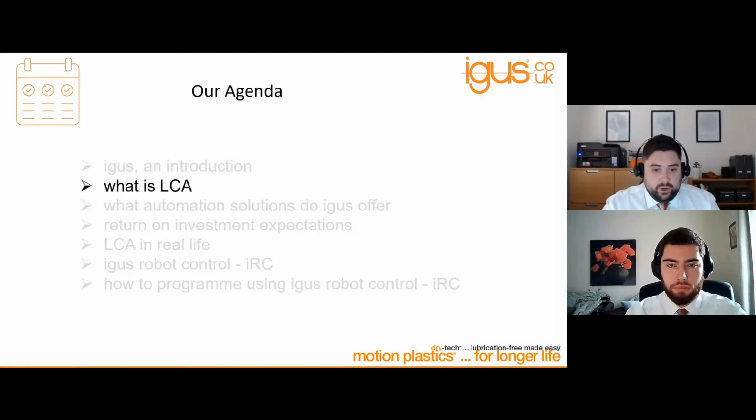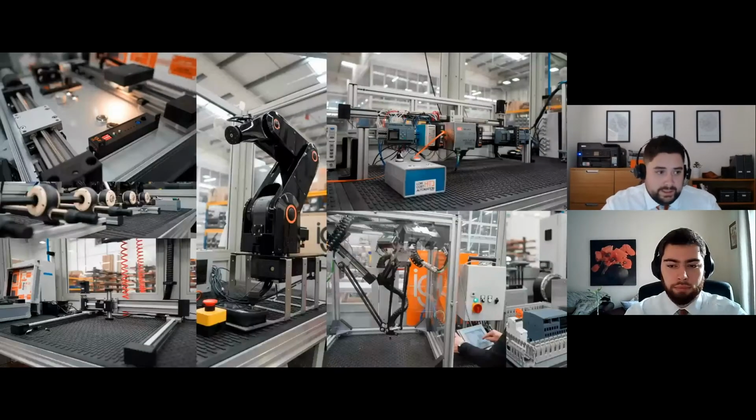Over to what is LCA? What are we talking about when we talk about low-cost automation? Essentially, it's a family of products within the Aegis range, and they all have the same end goal, which is to provide anybody, and I mean literally anybody, whether that is a machine builder or a machine user, the ability to automate tasks that were previously done manually, or that were previously not thought to be cost effective to automate.